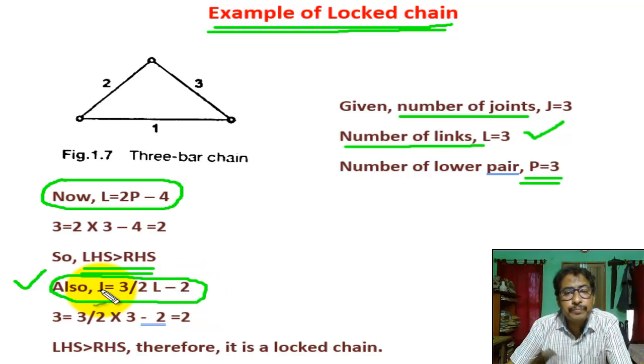J equal to the number of joints, 3. On the right side, 3 by 2 into L, where L is the number of links, 3, minus 2 equal to 2.5. Left hand side greater than right hand side. Therefore it is a lock chain. There is no mechanism.